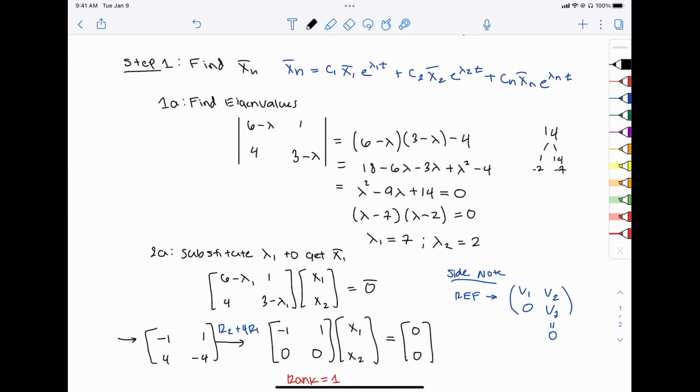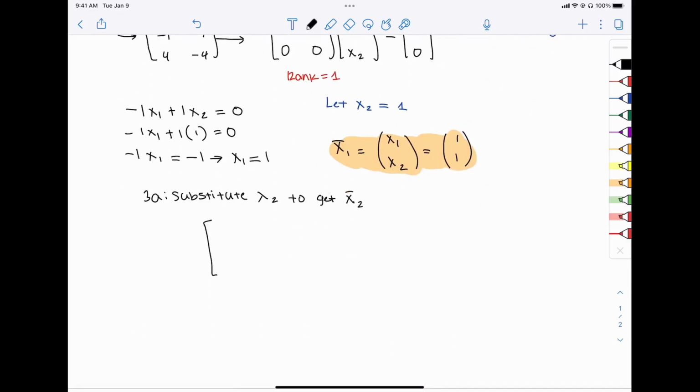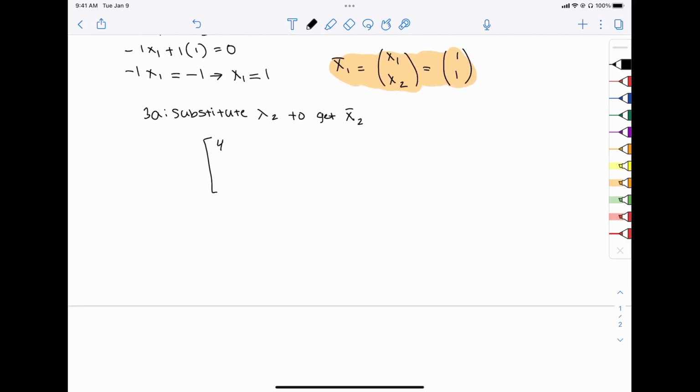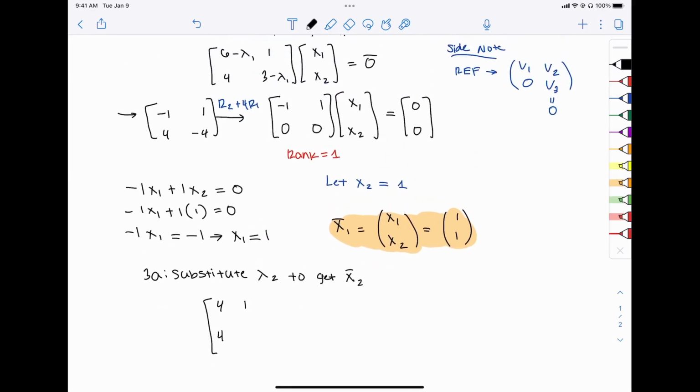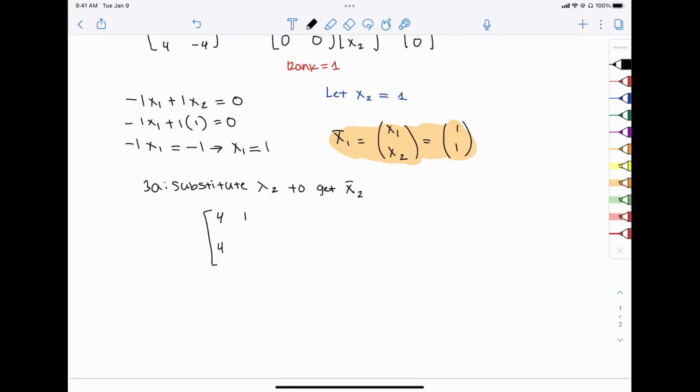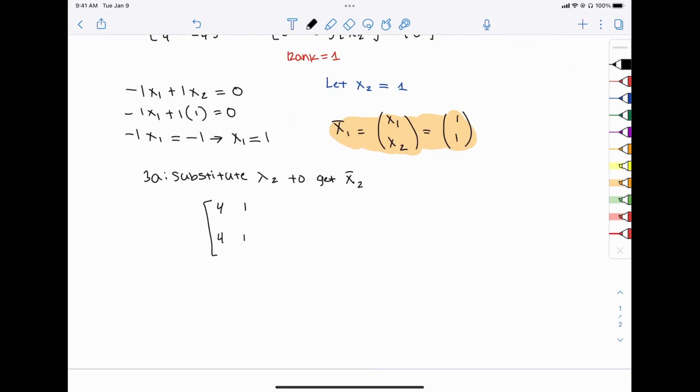So we had 6 minus lambda. Remember, lambda 2 is just 2. So 6 minus 2 is 4. This value here stays the same, which is 1. So does this value here. And then 3 minus 2 is 1. Okay.